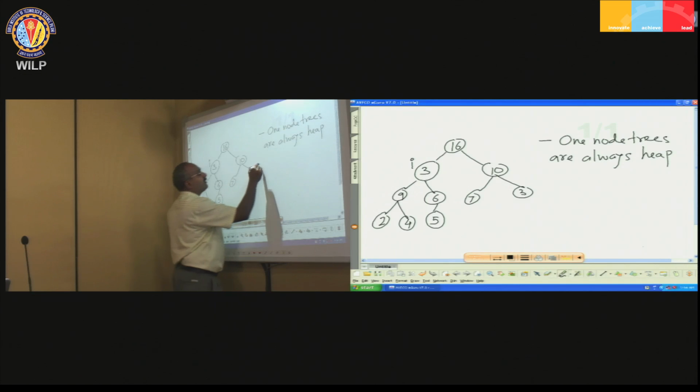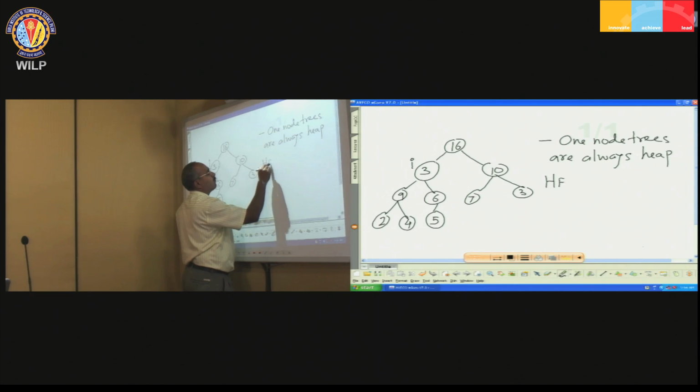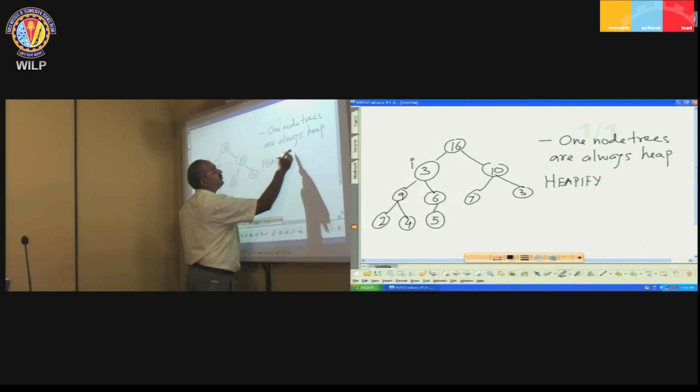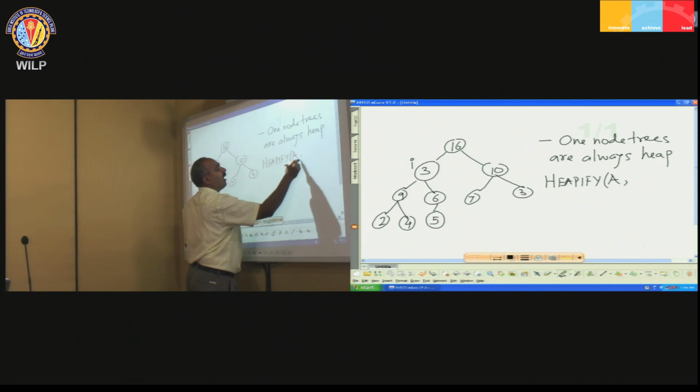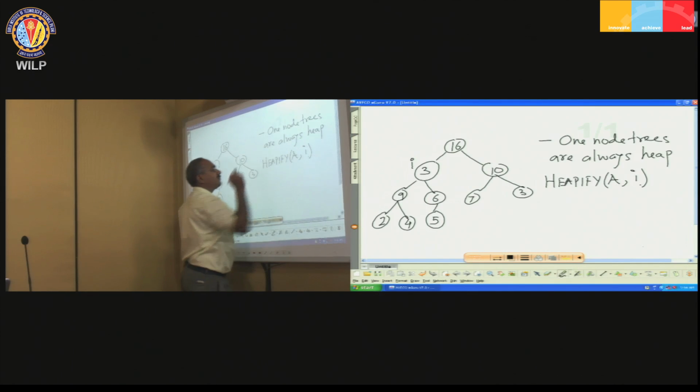So, I am going to look at the procedure which is called heapify, to which we are going to pass two arguments, an array A and an index in it, right.